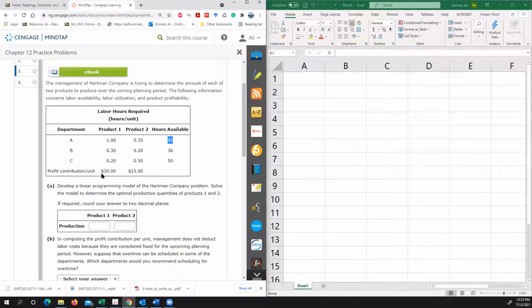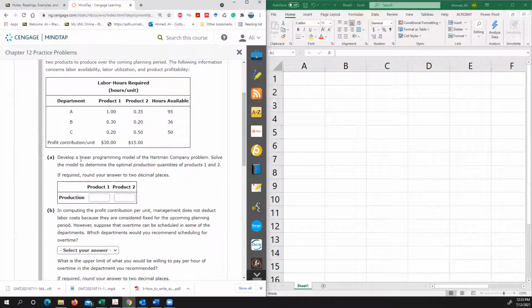And the profit for each product is different: it's $30 for product 1 and $15 for product number 2. We have to develop a linear programming model for Hartman Company and solve the model to determine the optimal production quantities for product 1 and product 2.